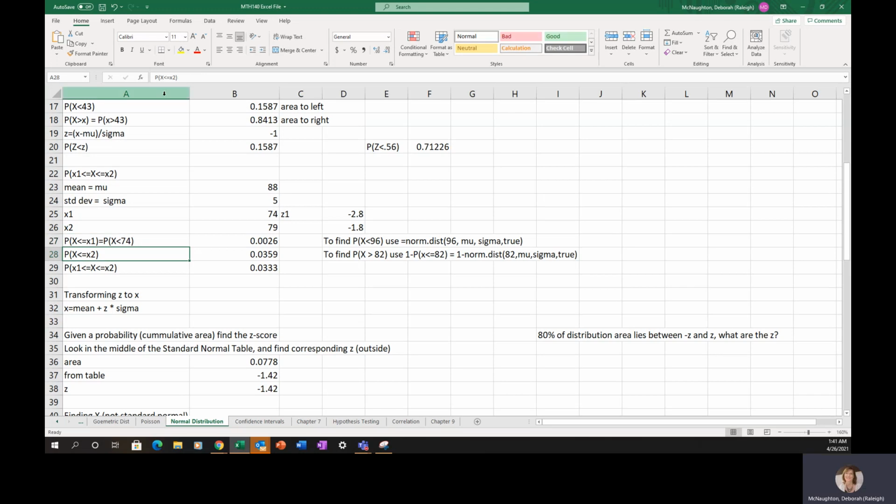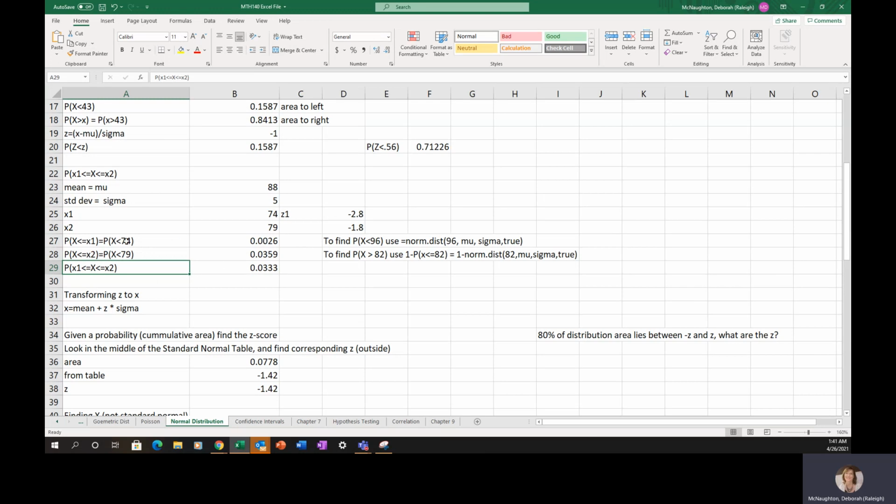And this is the probability that X is less than X2, and X2 was 79. So this one is the probability that X is less than 79. Okay, and then I want the probability that X is between those two values.